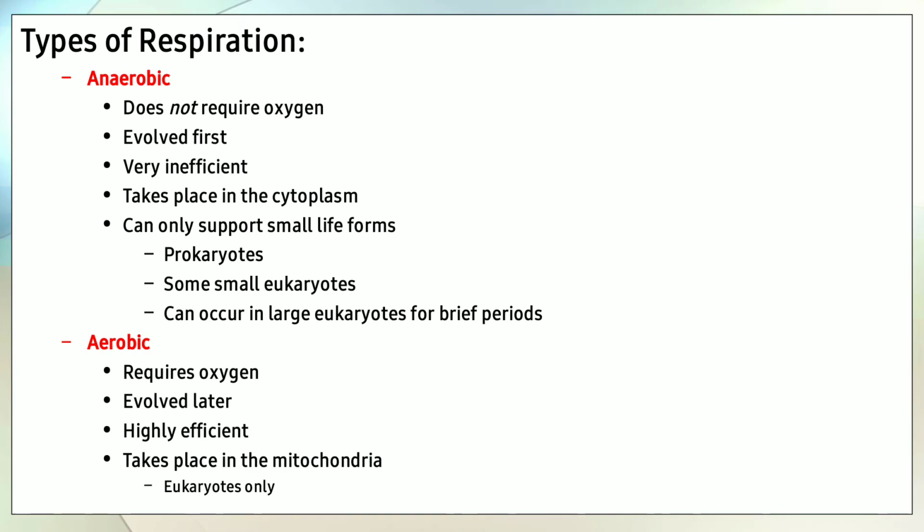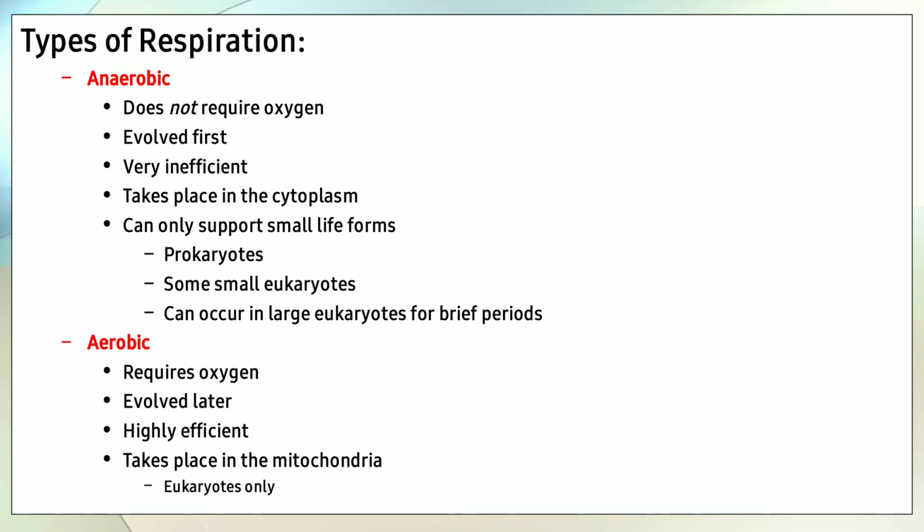Anaerobic respiration evolved first, and this respiration is very inefficient. It takes place in the cytoplasm, and it can only support small life forms. This anaerobic respiration is present in prokaryotic cells, some small eukaryotic cells, and it can occur in large eukaryotes for a brief period.